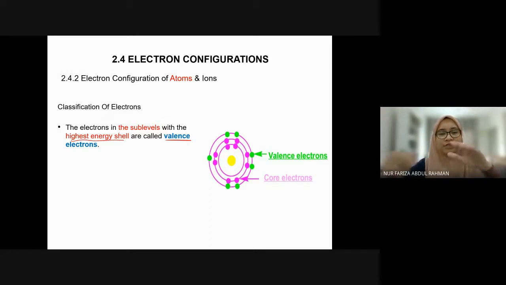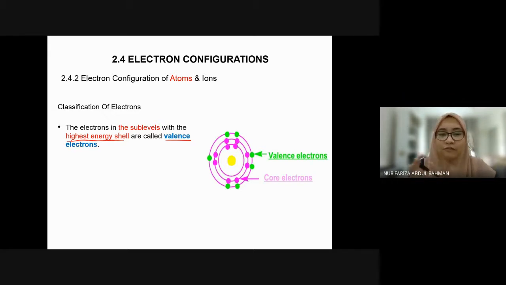So how do we identify the outermost shell? It should have the highest energy shell. Like phosphorus just now, the highest energy shell is n equal to 3. That means the valence electrons are located at n equal to 3. So that would be your valence.